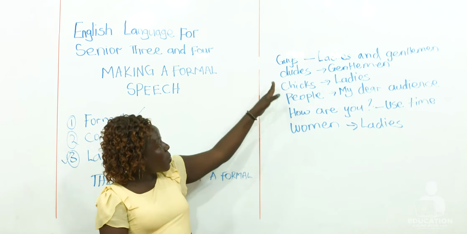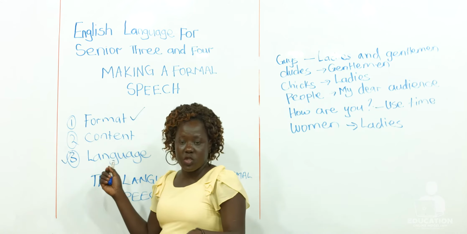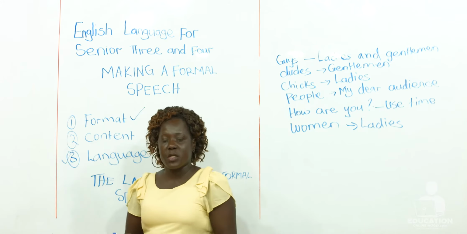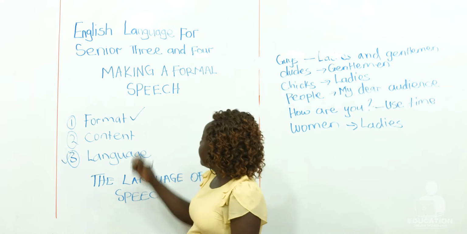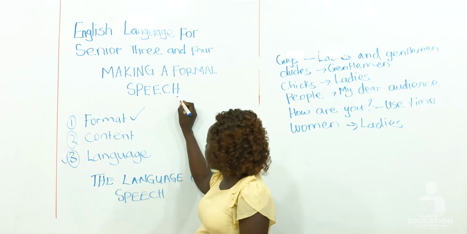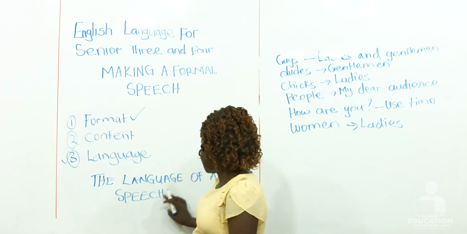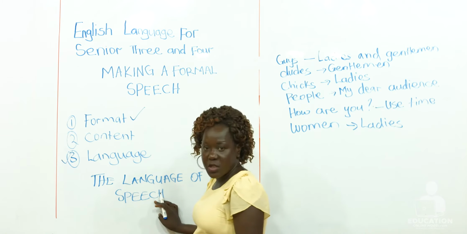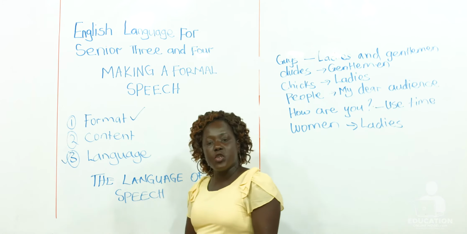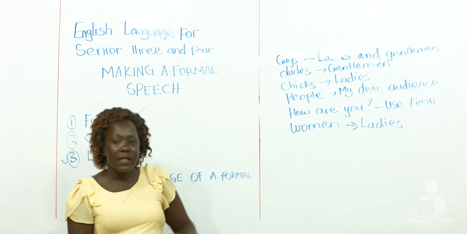This is what we call formal expression under the language of a formal speech. Remember, everywhere at the beginning there is the word formal speech. Somewhere here in the subheading there is language of a formal speech. Therefore, you have no right to use informal language. Everywhere you must remain formal. That was our number 3.